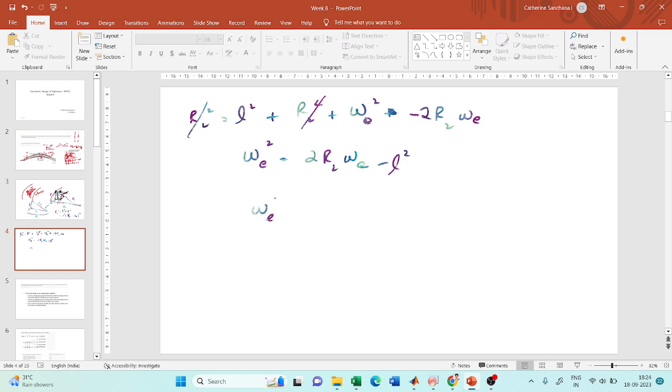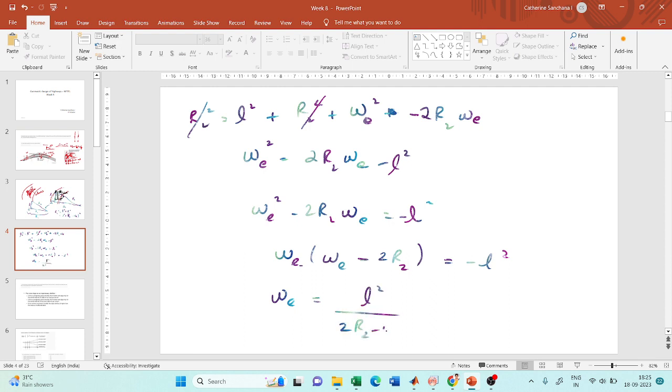Sorry. Yeah, you can take this out, right? Is equal to L square. WE, if you take this out, it will be WE minus 2R2 is equal to minus L square. So WE will be equal to L square by 2R2 minus WM. Yeah, so this is the equation for finding out mechanical widening. WM or WE, both is the same for this case.